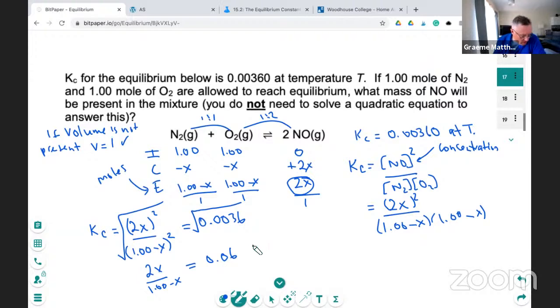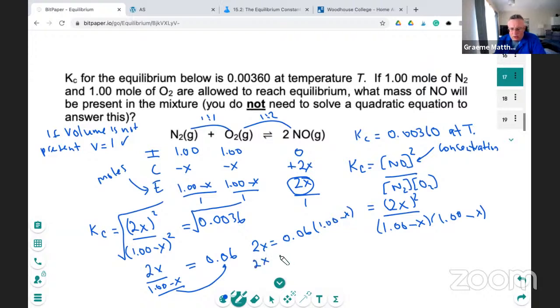Let's say I got 0.006 on my calculator. And so I'm going to bring this entire thing over here now. So I've got 2x is equal to 0.06, times 1 minus x, like this.